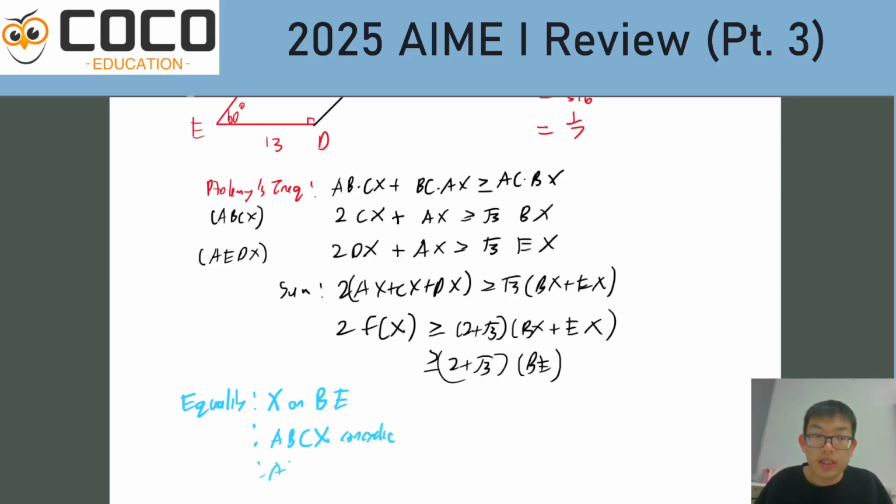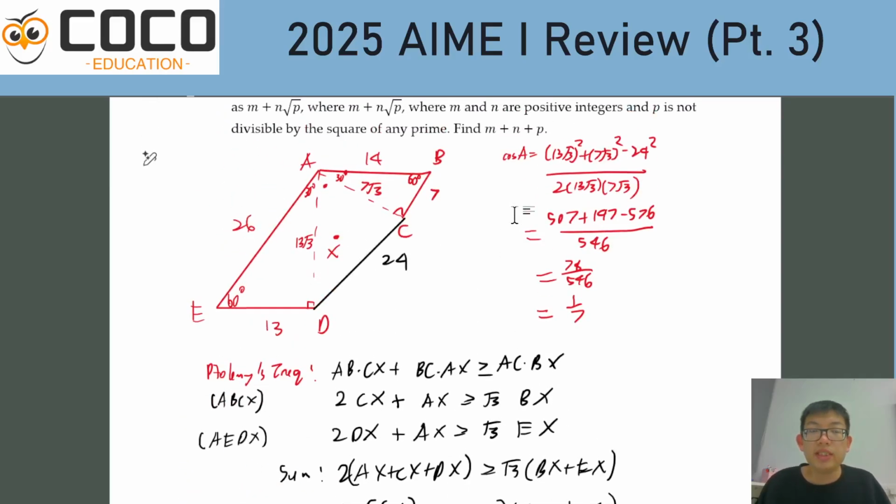And I also need AEDX to be concyclic. Okay, so let's look at that. ABCX is concyclic. Well, it has to be on BE, right? So let's start with drawing it on BE.